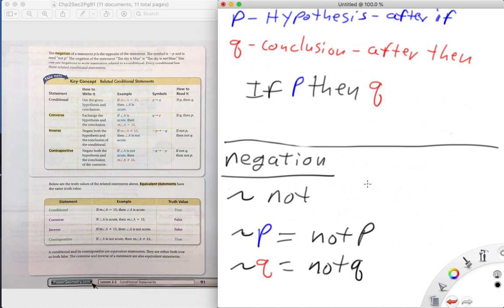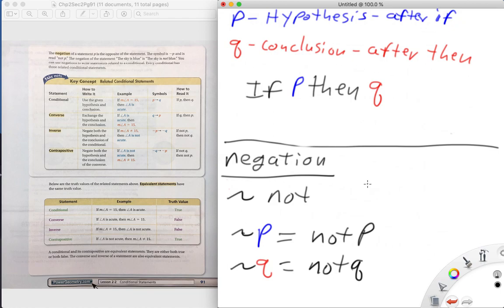So if P was if I drove in a car, then not P would be if I didn't drive in a car. Or if I walked, the negation would be if I didn't walk. Or if I fall, the negation would be if I didn't fall. The negation could also be the opposite of a negative too.